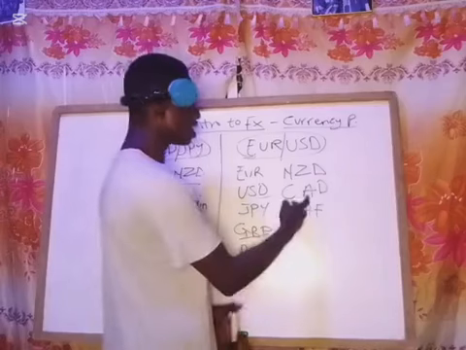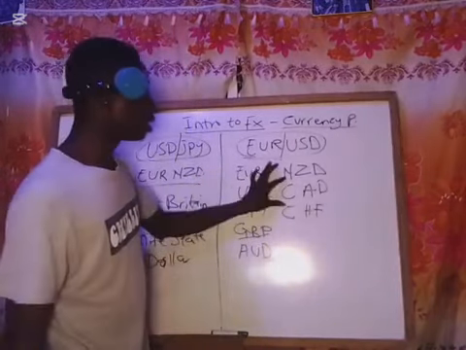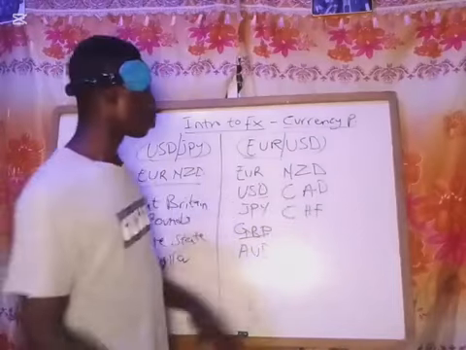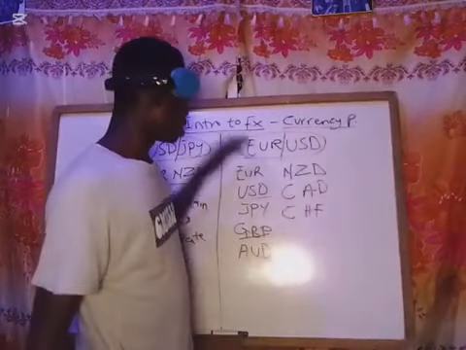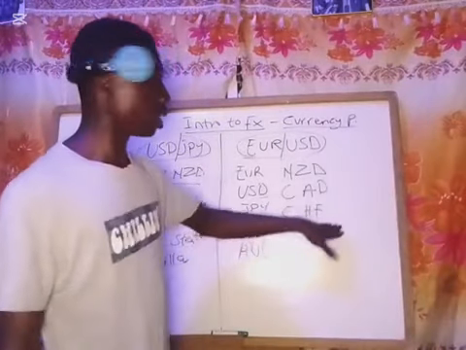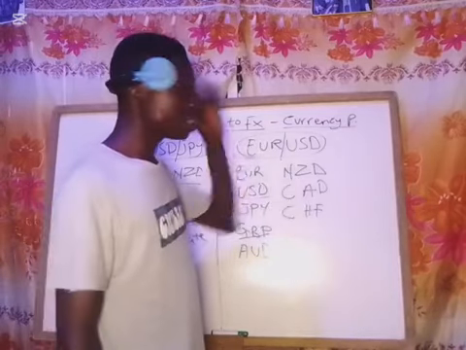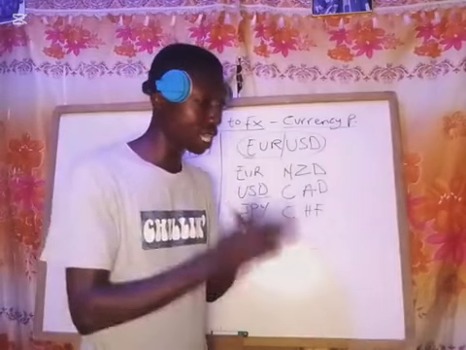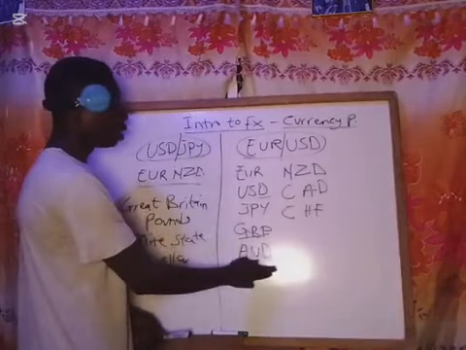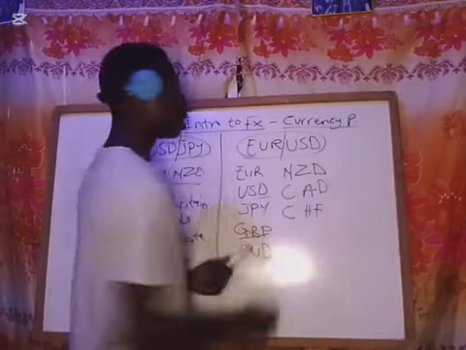Same as this, Canadian, and same as this. So you have the Swiss francs, which means they spend francs, that's their currency. Australian dollar, Canadian dollar, that's the same thing.